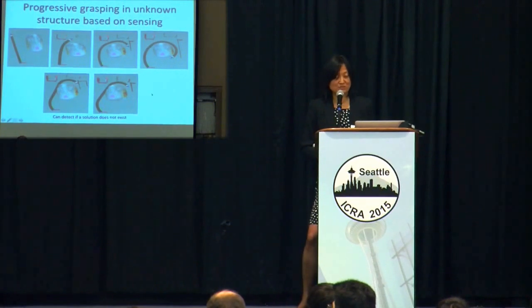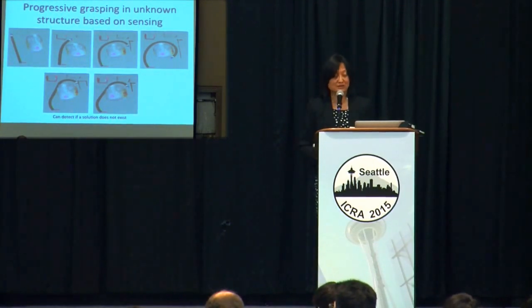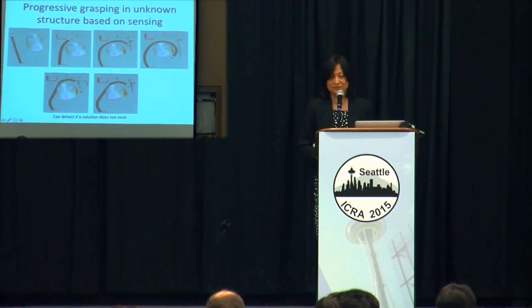But the most important thing is we have to decide if a solution does not exist; we're not going to force the robot on, we're going to retrieve the robot. This one shows a case when the solution doesn't exist at this point: when the robot is going to wrap around this part of the object, the gap is too narrow.